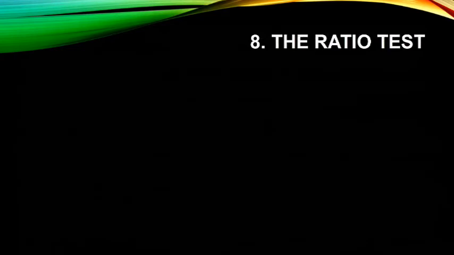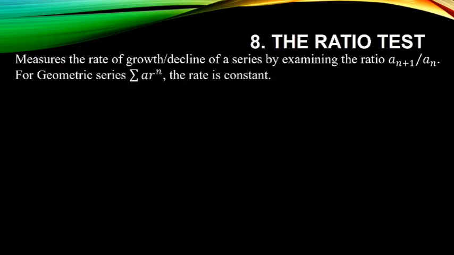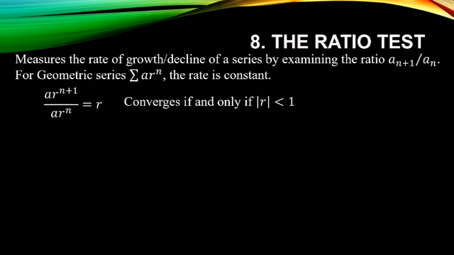Convergence and divergence test number 8, the ratio test. It measures the rate of growth or decline of a series by examining the ratio a sub n plus 1 over a sub n. For a geometric series, the summation of a times r raised to n, the rate is constant, that is r, and it converges if and only if the absolute value of r is less than 1.